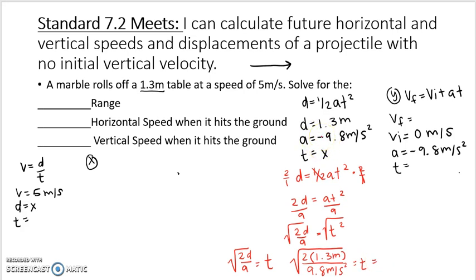The reason I'm not putting a negative 9.8 in is as I solve for time, I can't have a negative time. The other piece to remember is that you can't take the square root of a negative. So if you leave that in there, you're ultimately going to get an error on your calculator. 0.51 seconds is what you end up getting when you solve for that. I'm going to put that time in everywhere.